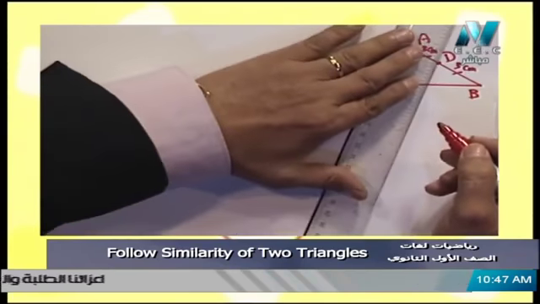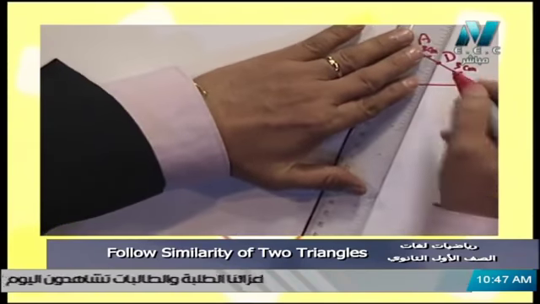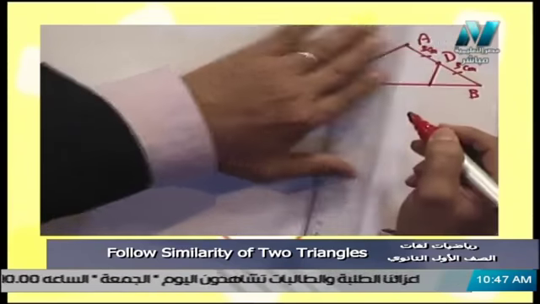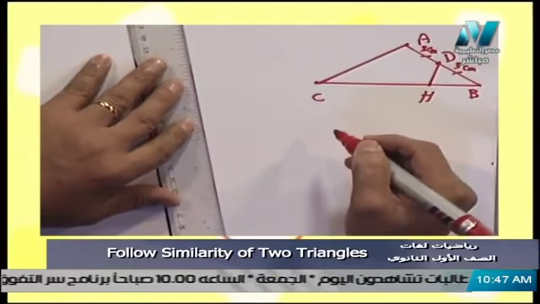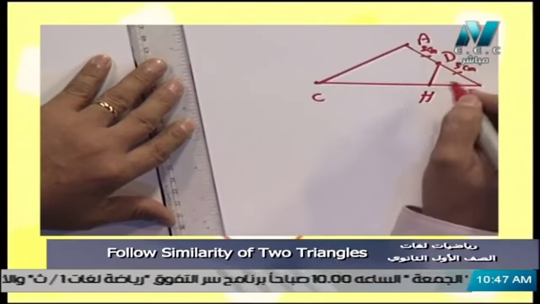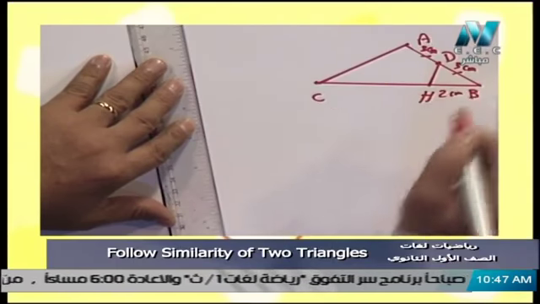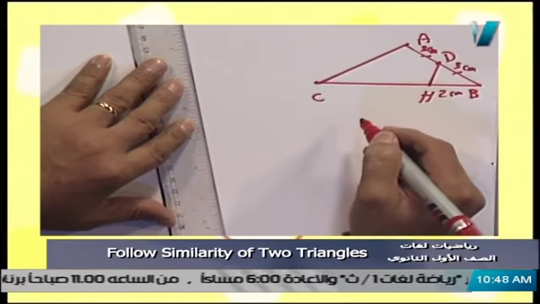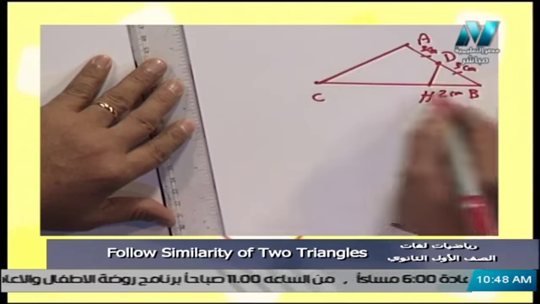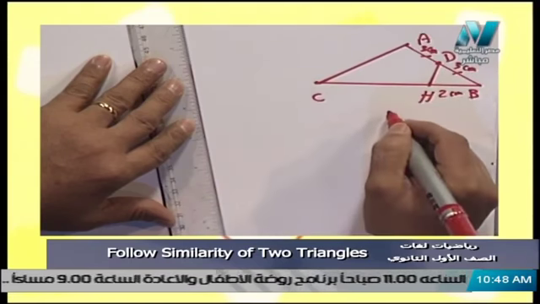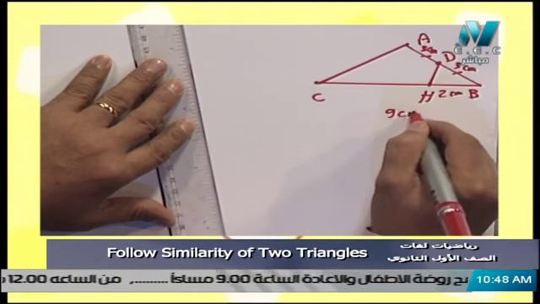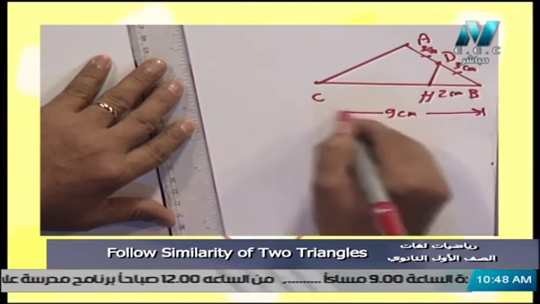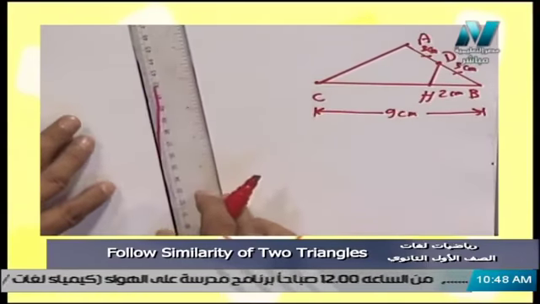And draw DH such that HB here equals 2 centimeters, and all of BC here equals 9 centimeters. The total side here is 9.